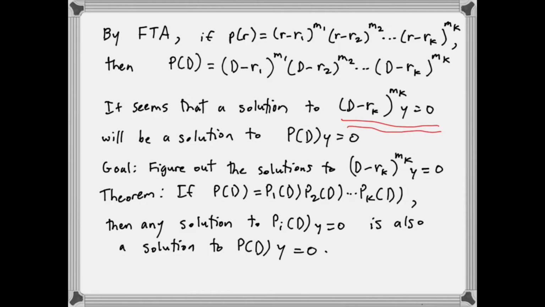And now, before we answer the question in general, I'm going to do a simpler problem, and then from there, we're going to be able to figure out what happens in the more complicated case. So let's do an example.